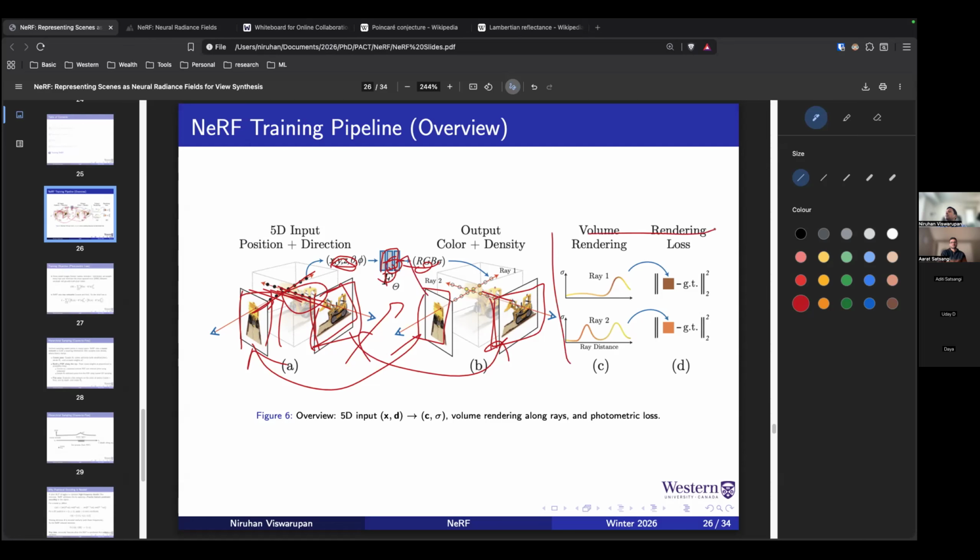And here this is just a visual representation: let's say this is the distance, and if the opacity is high in some region, the final color will have more of that high opacity color.